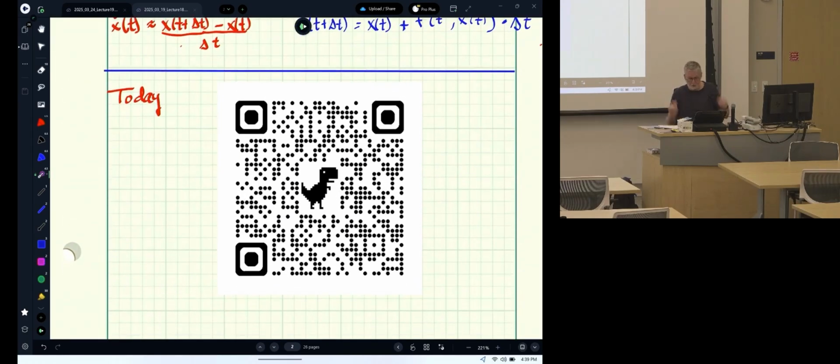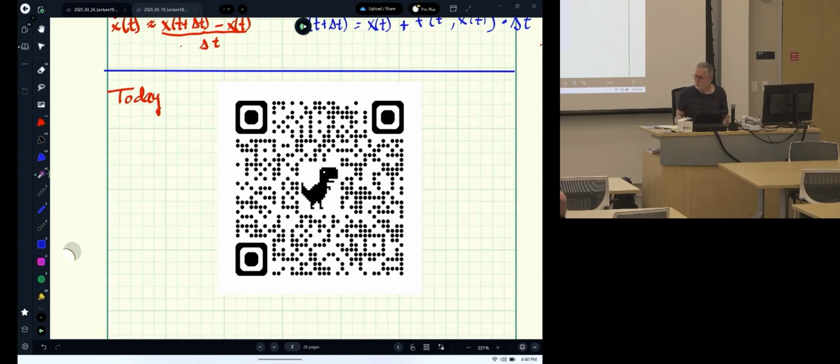And before we get going on new stuff, let me just get the QR code out of the way. Are we good?